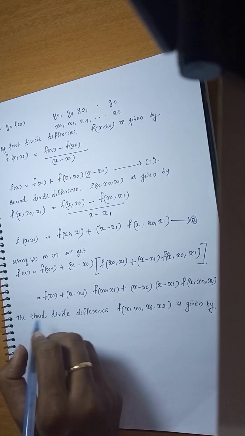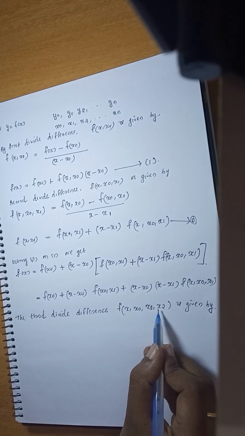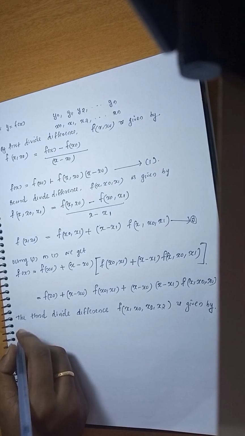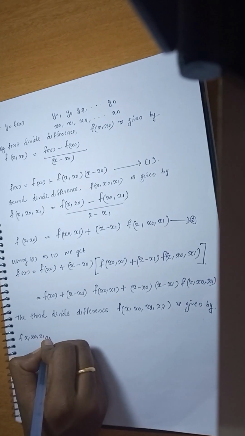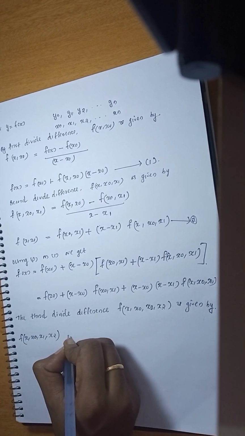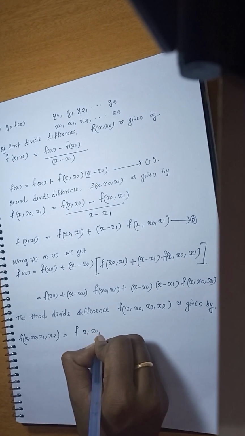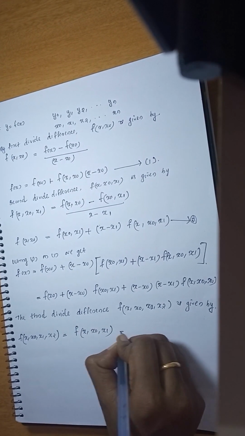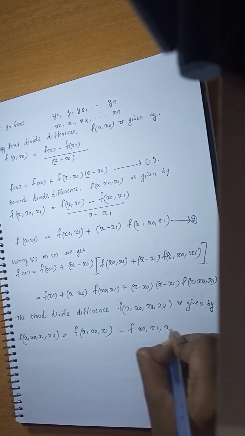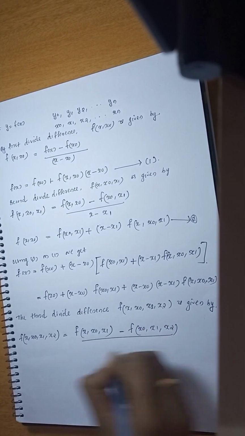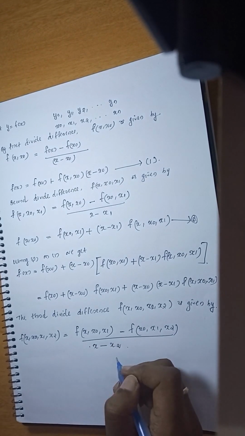Then the third divided difference f of x comma x0 comma x1 comma x2 can be written as f of x comma x0 comma x1 minus f of x0 comma x1 comma x2 divided by x minus x2.